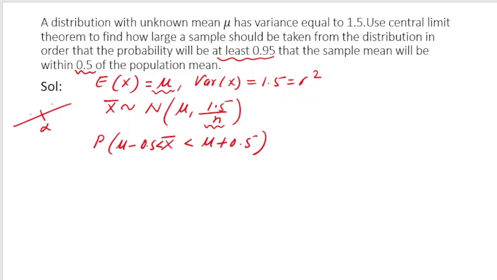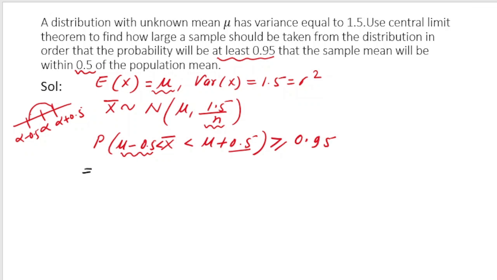It means we have to take those numbers which are coming between alpha plus 0.5 and alpha minus 0.5. So I am going to take all those numbers in this interval, and I will say that these numbers are within 0.5 of alpha. So here x bar should be within 0.5 of mu, meaning x bar should lie between mu minus 0.5 and mu plus 0.5, and the probability of this should be at least 0.95, meaning it should be greater than or equal to 0.95. Okay, now let us proceed further.